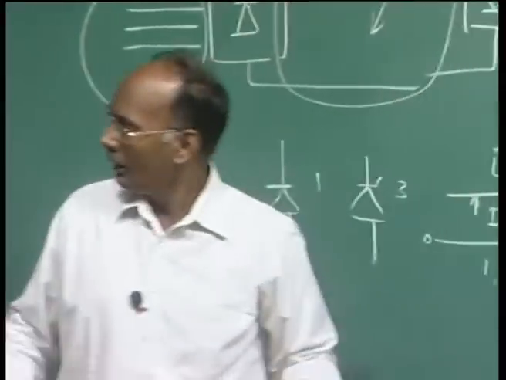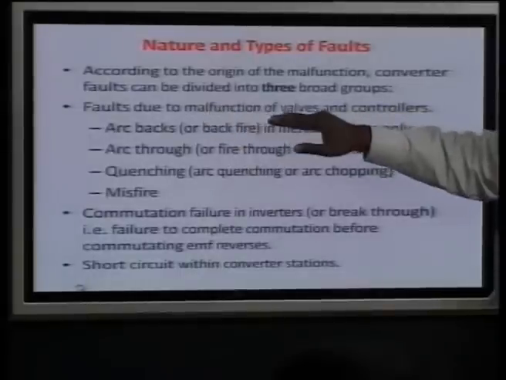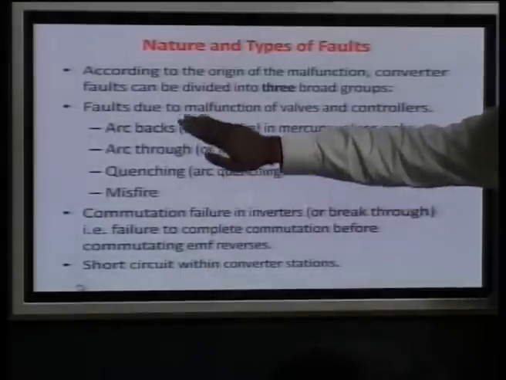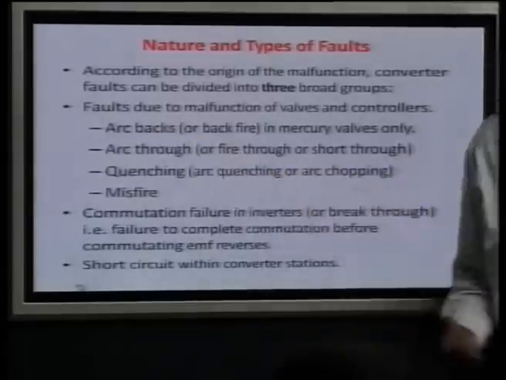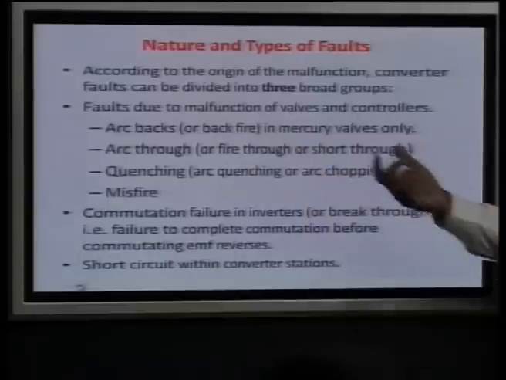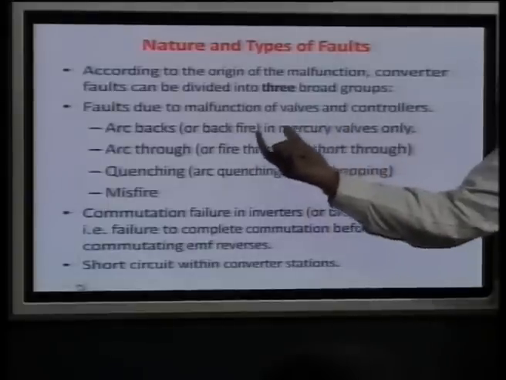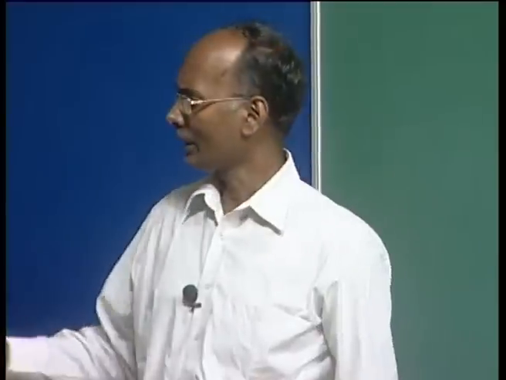Here, the malfunction or maloperation of the valves is categorized into 4. One is called arc back. Sometimes it is called the backfire, and this was basically occurring only in the Mercury Arc Valves; in modern thyristors and GTOs it is not common.